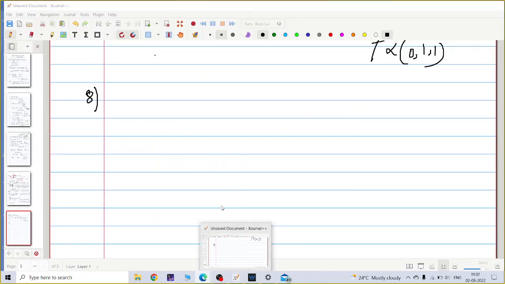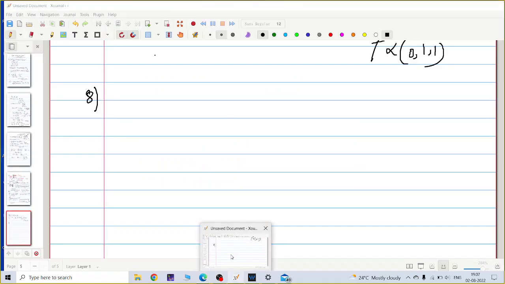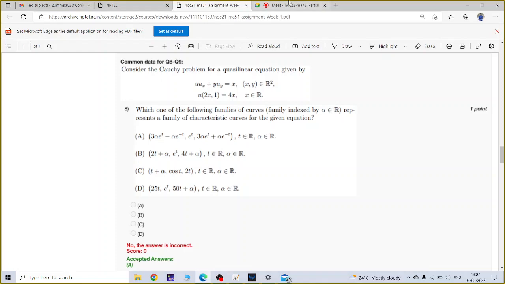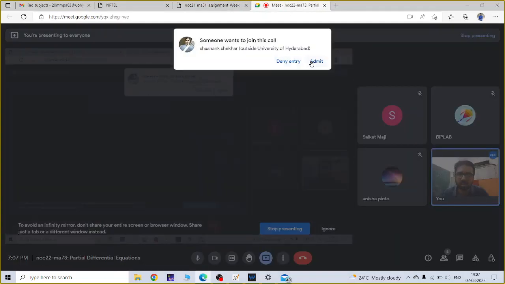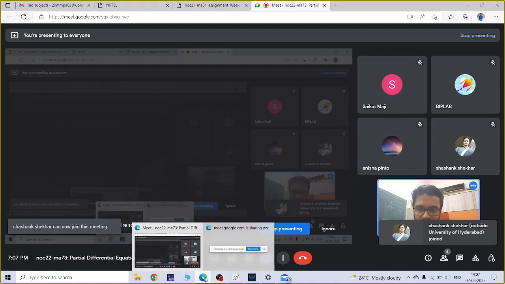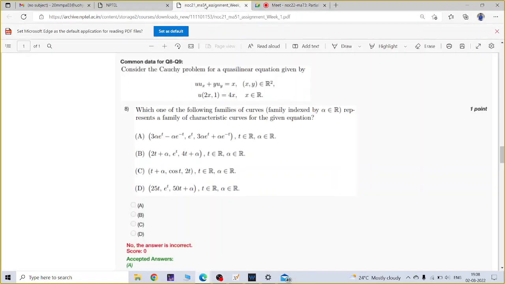I will tell how to solve this quasi-linear equation. Let me write the problem. Hello Shashank, is my screen visible?